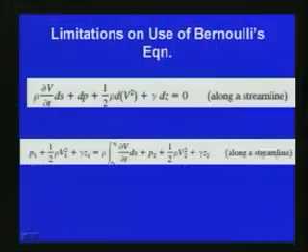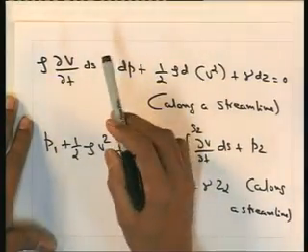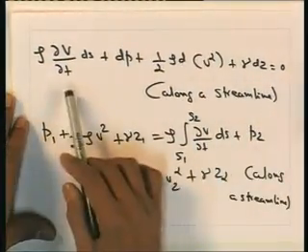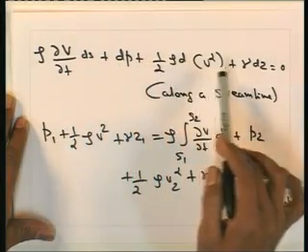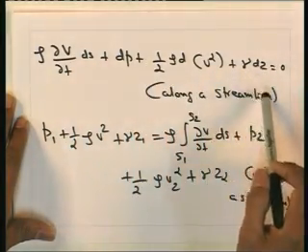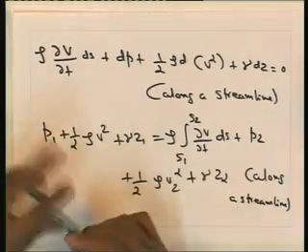In the next slides, with the limitations of the Bernoulli's equation which we have seen earlier, you can see the Bernoulli's equation for the unsteady case. Here you can see rho into del V by del t. The steady state equation is modified like this: rho into del V by del t ds plus dP plus half rho d(V square) plus gamma dz is equal to 0 along a streamline.